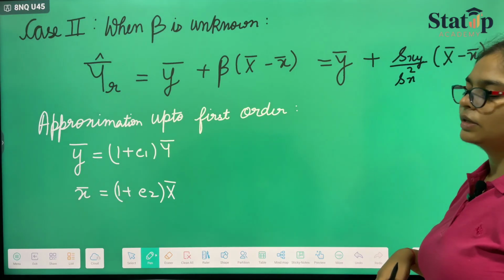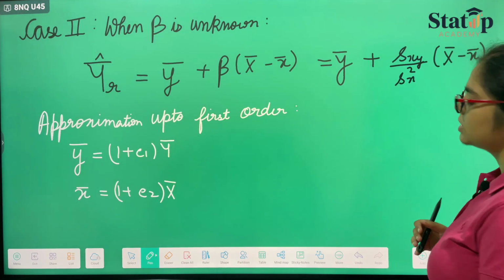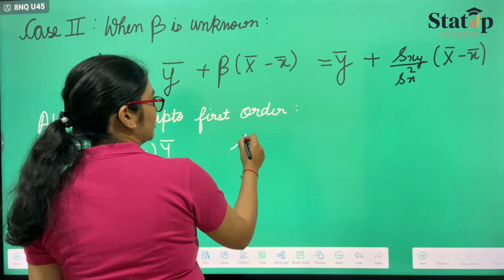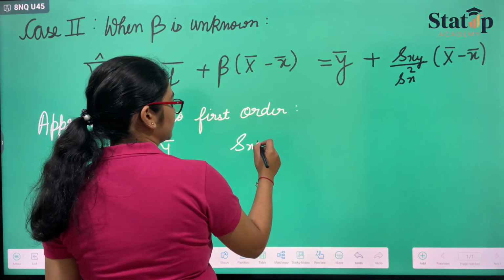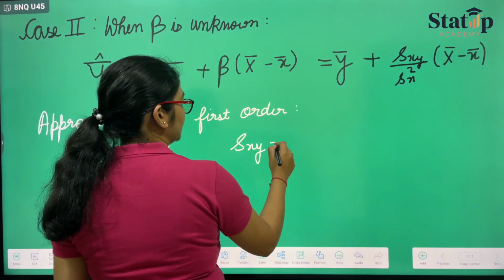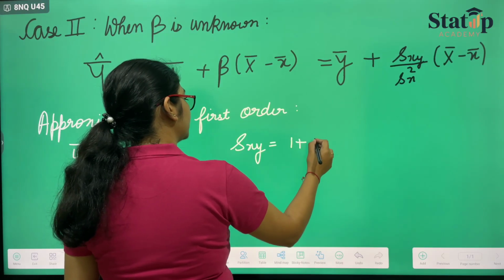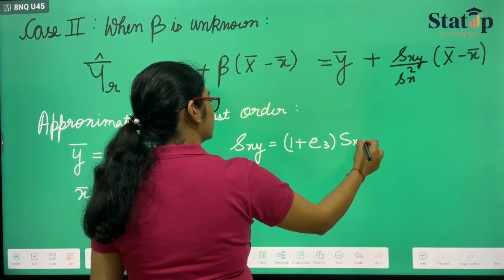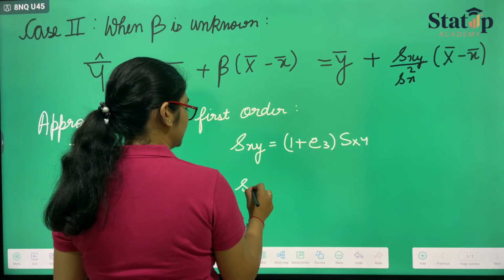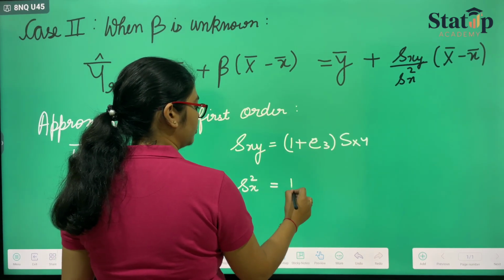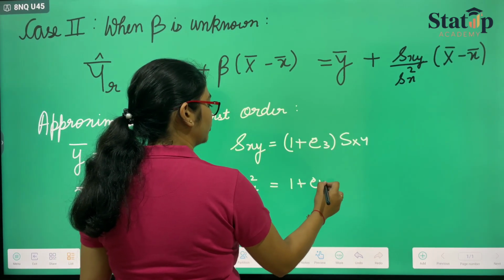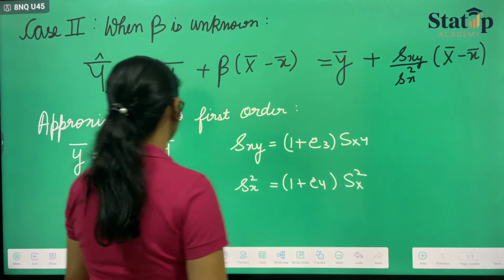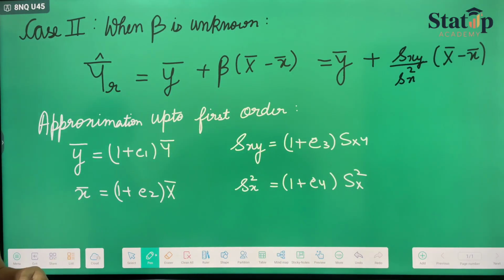We did it yesterday that beta is nothing but sxy upon sx square. So we can take small sxy is equal to 1 plus e3 capital Sxy and small sx square is equal to 1 plus e4 capital Sx square. Let us consider these four variables.